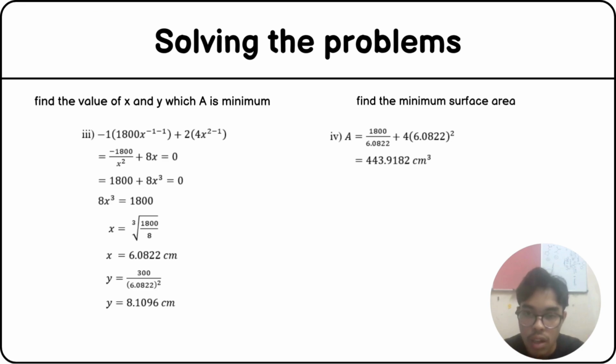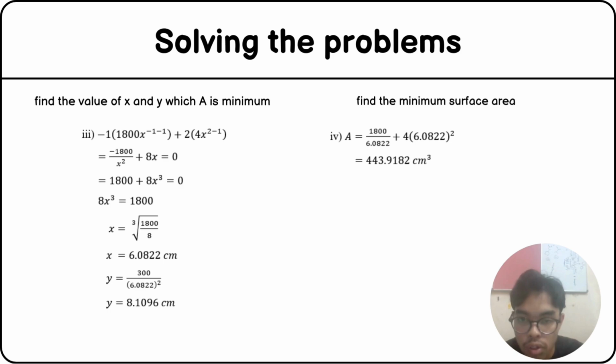After we differentiate, we get minus 1800 over x squared plus 8x equal to 0. To remove the x squared below the 1800, we need to multiply all terms by x squared, so 8x becomes 8x to the power of 3.